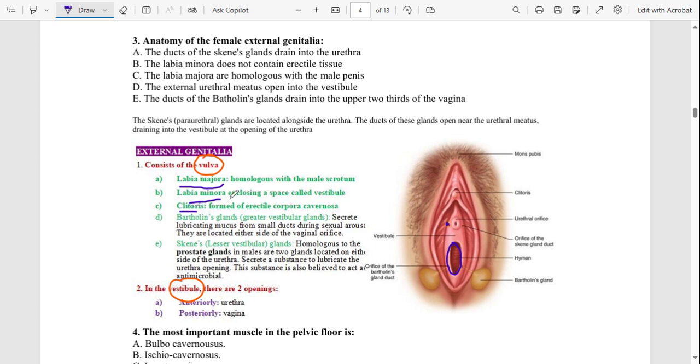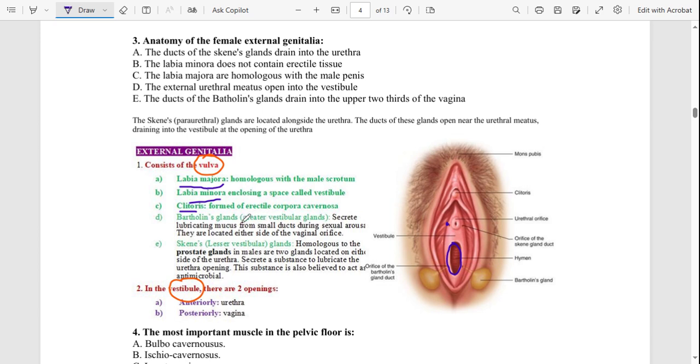The clitoris is formed of erectile tissue, which is known as the corpora cavernosa. Okay, this is actually homologous to the male penis, the clitoris. And then we have the Bartholin's glands, also known as the greater vestibular glands.